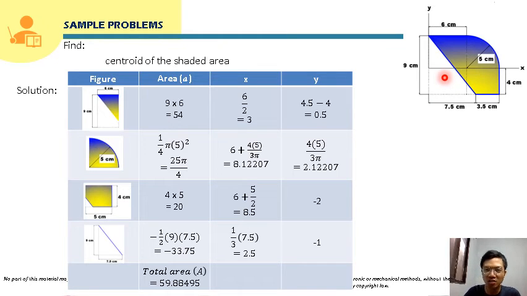If we are going to measure the x-coordinate of the centroid, we measure this distance. This distance is 1/3 of this side, which is 7.5. So that will be 1/3 of 7.5, which is 2.5. It is positive since it is at the right of the reference point.